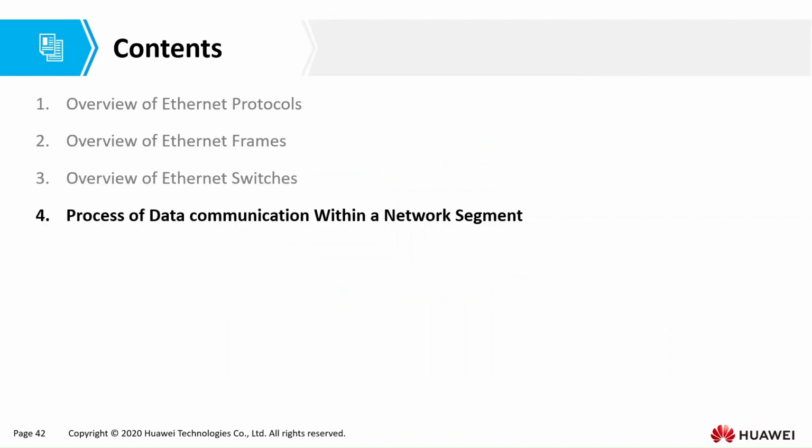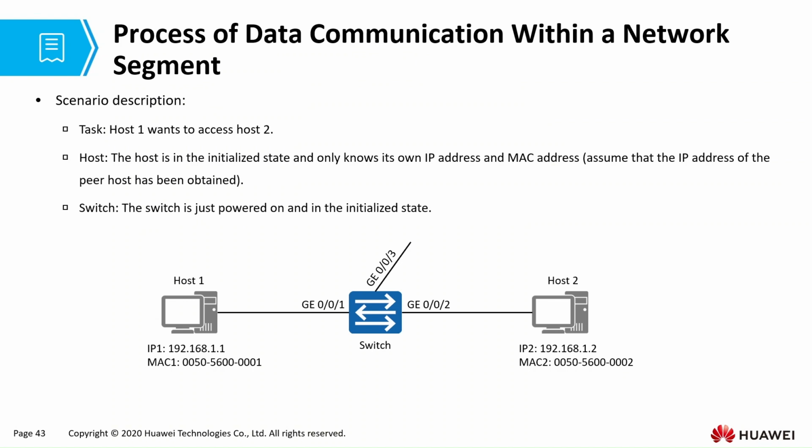Now we will look at the scenario for the process of data communication within the network segment. Basically, whenever host 1 wants to access host B, you look at the IP address. Most of the time the host only knows its own IP address and also its own MAC address.